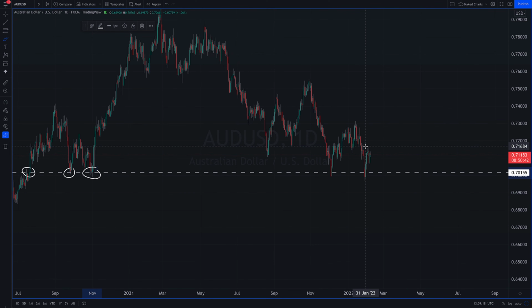And then even as close as last week, this level came into play. So when you're looking to decide which direction you want to trade in the markets, when you're looking to identify the areas that you want to take trades from, you have to look at support and resistance levels. And you have to take a view that price above a level means that you're looking to buy the market. Price below the level means that you're looking to sell the market.